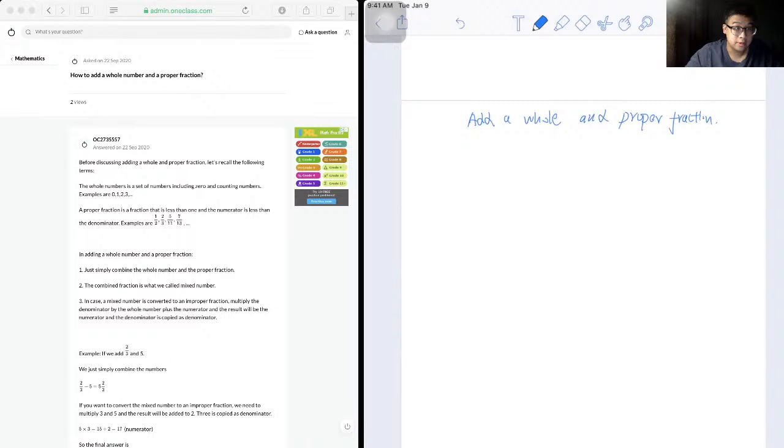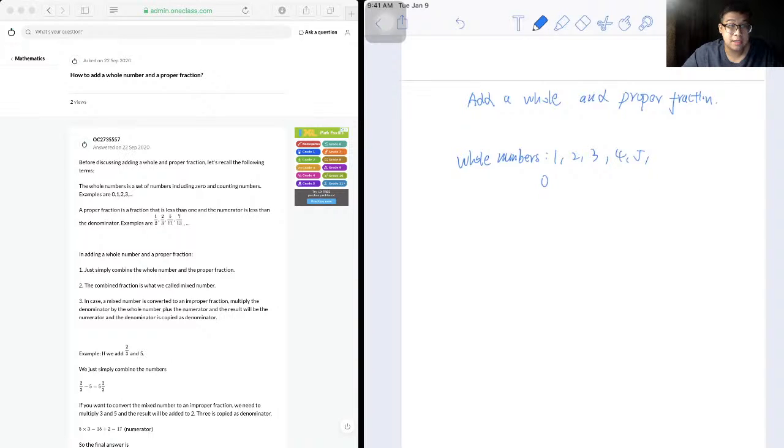So the whole number, I'll just write it down. Whole numbers are like 1, 2, 3, and also 0, 4, 5, 6. And a proper fraction is a fraction that is less than 1 and the numerator is less than the denominator, which means the top has to be smaller than the bottom.